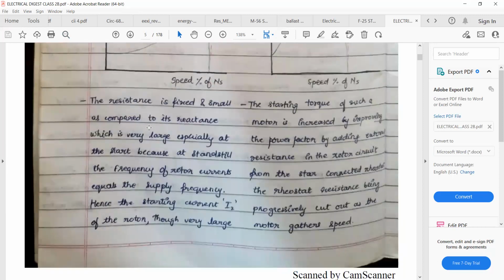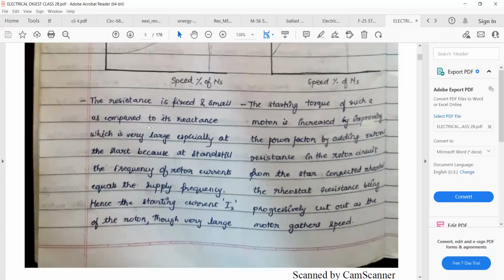In the squirrel cage motor, can you vary the resistance? The resistances are fixed. Fixed resistance, very good. So what is going to happen? The resistance is fixed and small as compared to the reactance, which is very large, especially at the starting because it is at standstill.